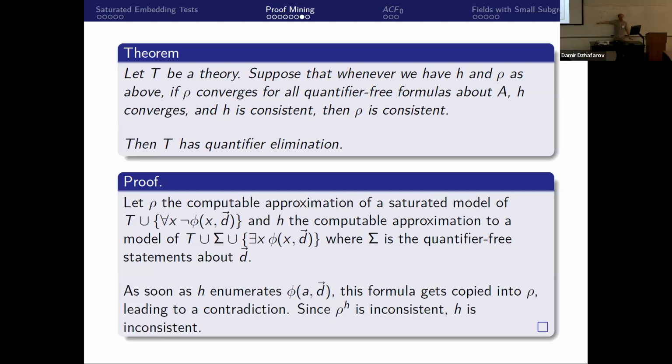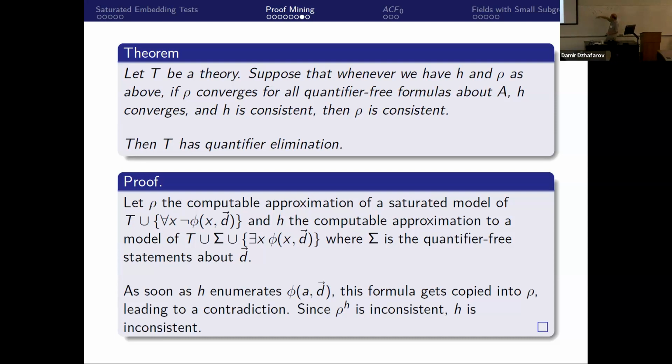So if this happens, actually we have quantifier elimination. And the reason is, you just copy over the model theoretic proof. So rho is the natural approximation of a model of T together with the universal statement. It just starts outputting consequences of T union the universal, and it makes whatever decisions it feels like making about D, and it makes sure to converge on these, which is the natural thing it does.